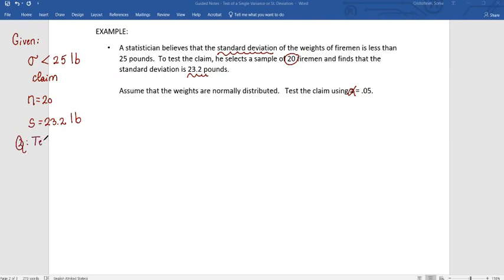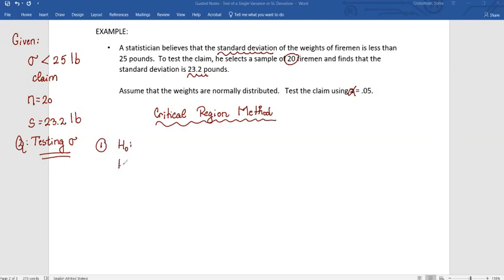So we are asked to test the claim, which is that sigma is less than 25 pounds. We are testing the standard deviation sigma. Let's go ahead and set up the hypotheses, and let's try to do this first using the critical region method, or traditional method. Step 1, set up the hypotheses, H sub 0 and H sub a.